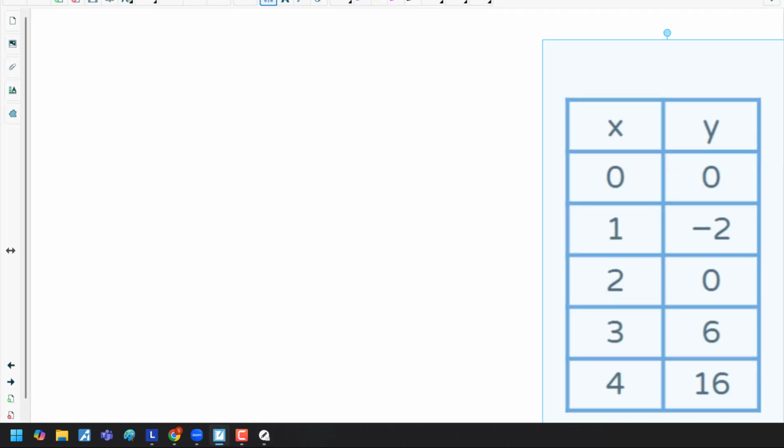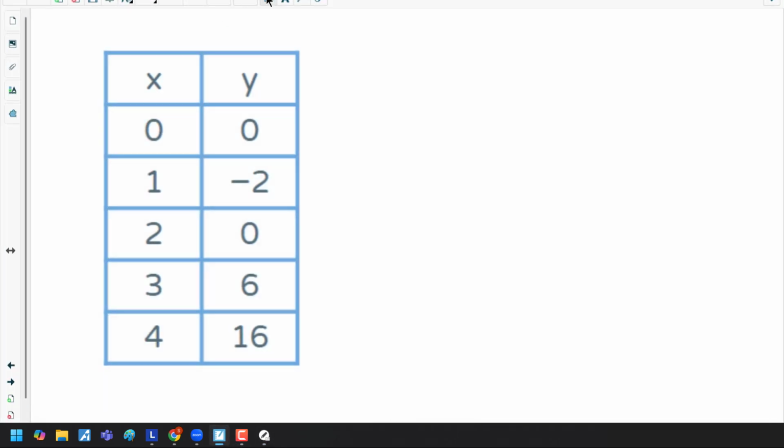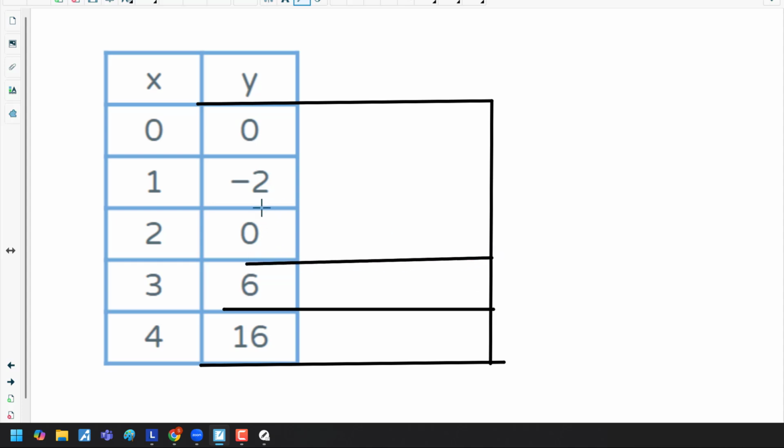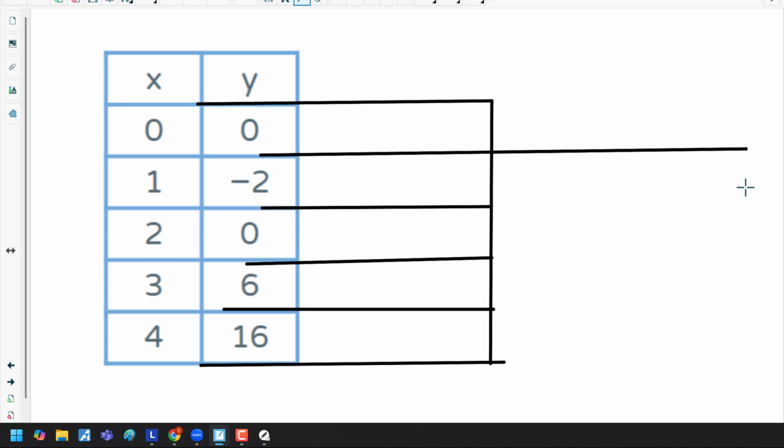And for this one, let's see what's happening here. We know that first differences are here. And the second differences are here.